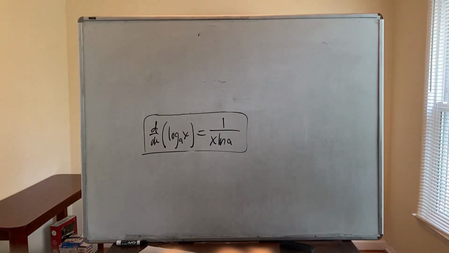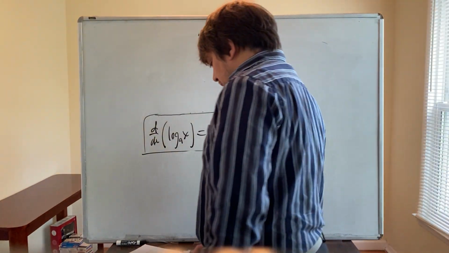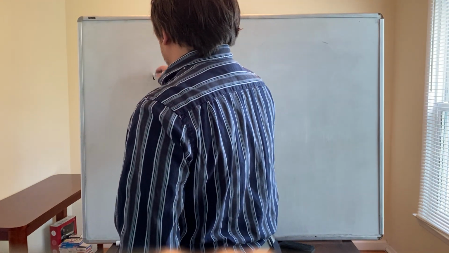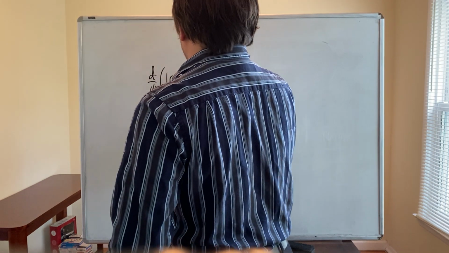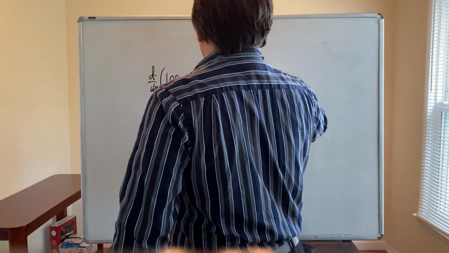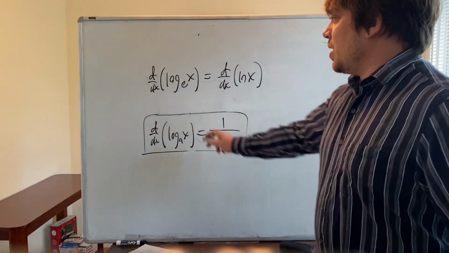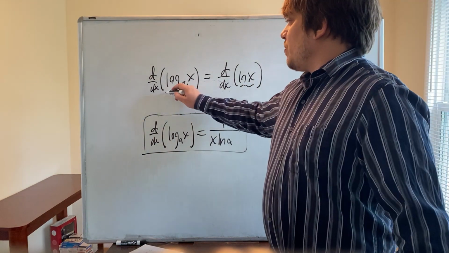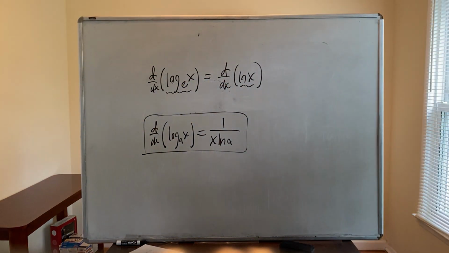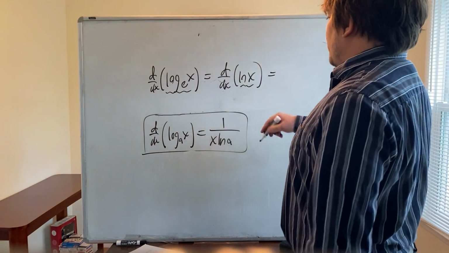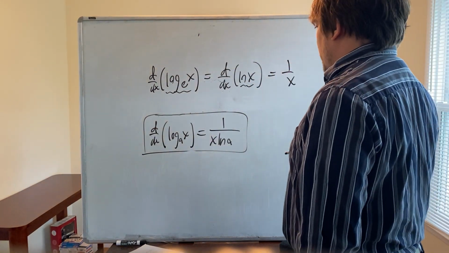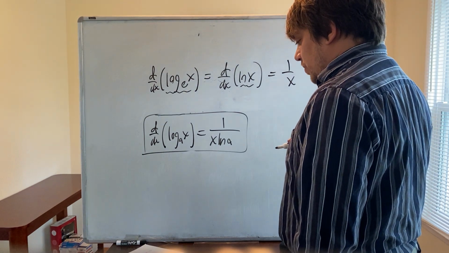Now, in addition, I taught you that d/dx of log base e of x is equal to d/dx of ln x, because I told you that ln of x is log base e of x. And so the derivative of ln x is 1 over x, right?